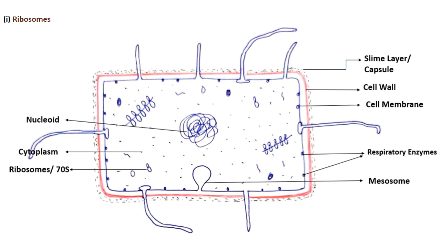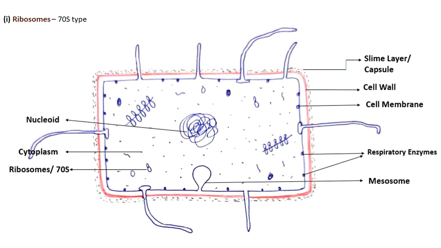In prokaryotes, only the ribosomes are present, and those ribosomes are of the 70S type. The 70S ribosome is represented here in a shape like the number 8.